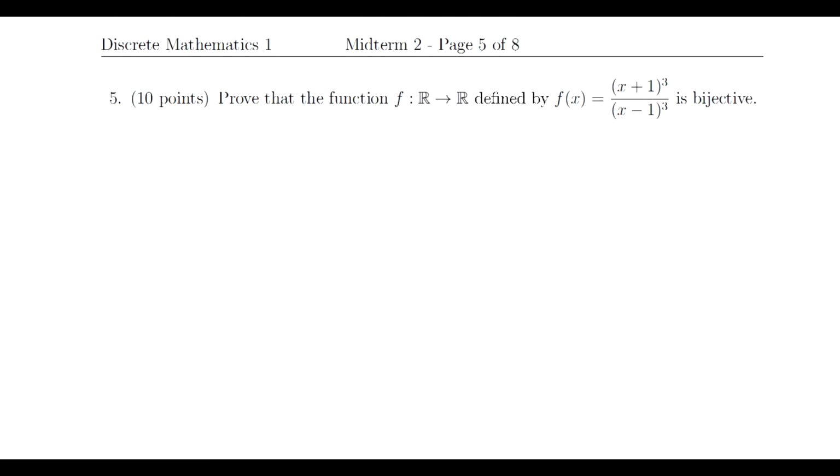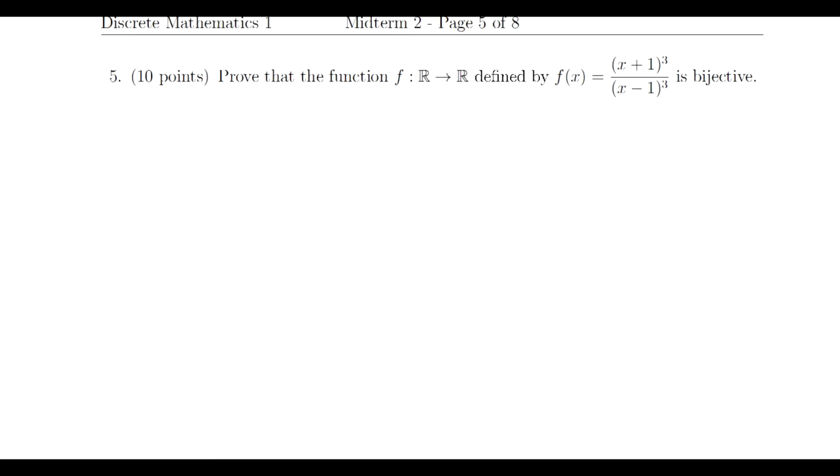Okay, here's a little bit of a trickier question. I want to prove that the function f from the set of reals to the set of reals defined by f(x) = ((x+1)/(x-1))³ is bijective. To do that, we have to show that the function is injective and surjective. So let's show it's injective.